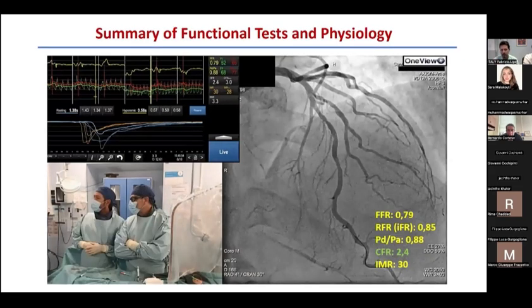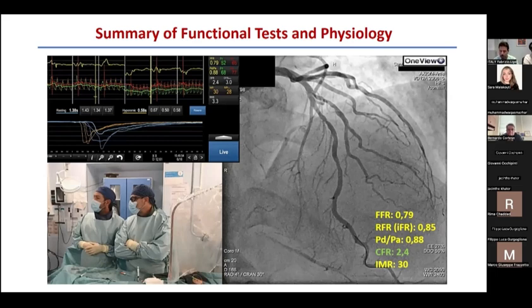So we reach this. We found different parameters in my donor vessel. For example, we had an FFR of 0.79. We discussed before the introduction, Bernardo, the value of the FFR of the donor vessel. This is the main topic of my talk today.